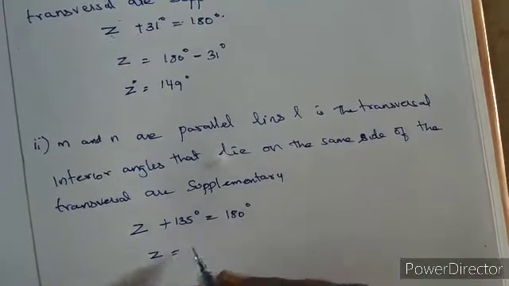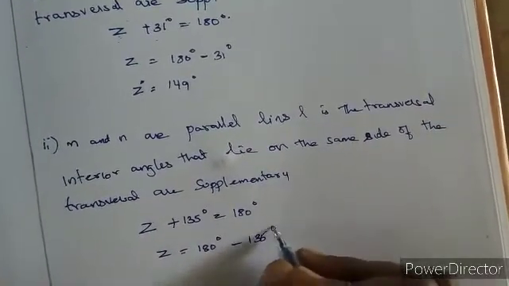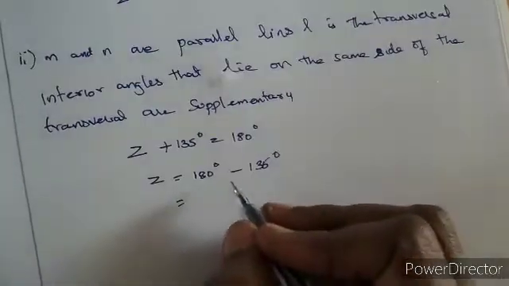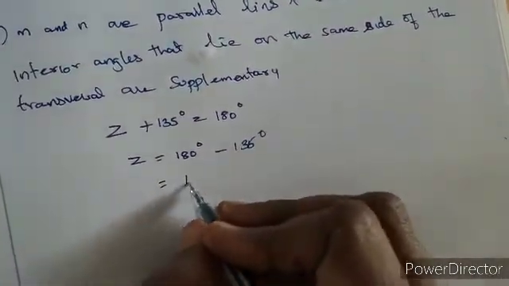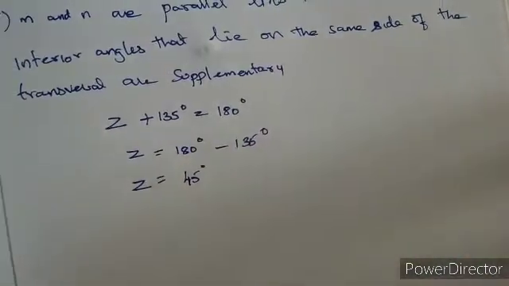So Z equal to 180 degree minus 135 degree. If you are subtracting these two numbers, you will get 45 degree. So Z equal to 45 degree.